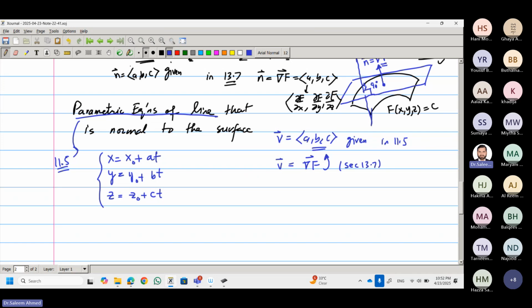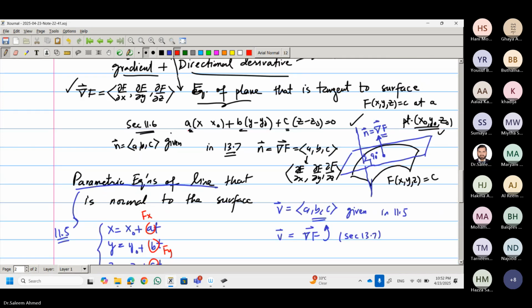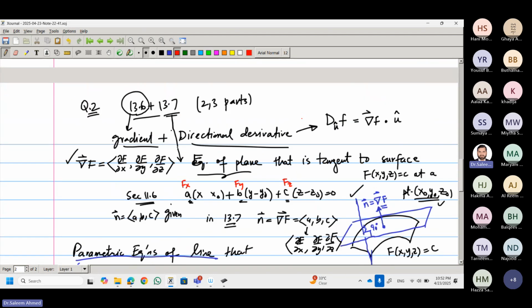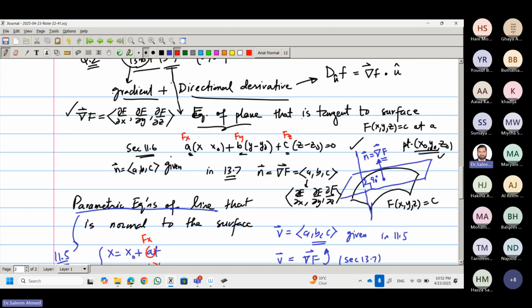So A will be partial f with x, B will be f with y, and C will be f with z. This will be the equation: fx t, fy t, fz t. Similarly here, A becomes fx, B becomes fy, and C becomes fz. This is the only difference between 11.5, 11.6 and 13.7.